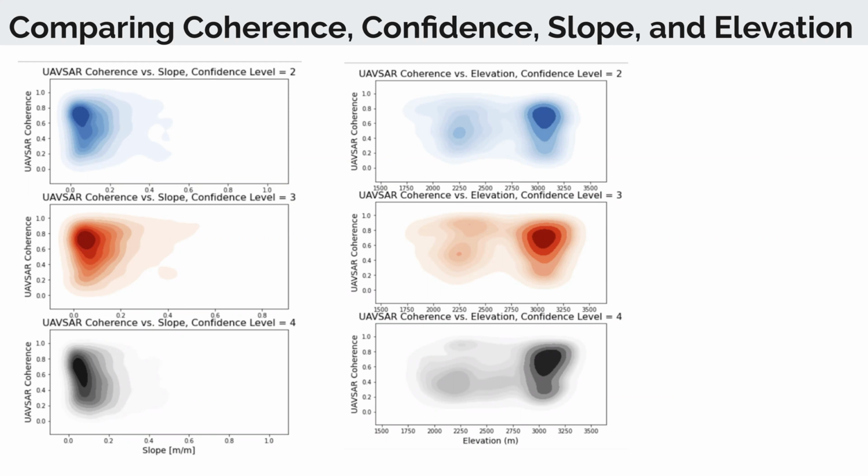We compared slope and elevation both to UAVSAR coherence. For these, I'm not sure. I think we need to do some future analysis to see if there's anything here, but preliminarily it looks like there definitely is some sort of relationship that could be teased apart if we had more time.